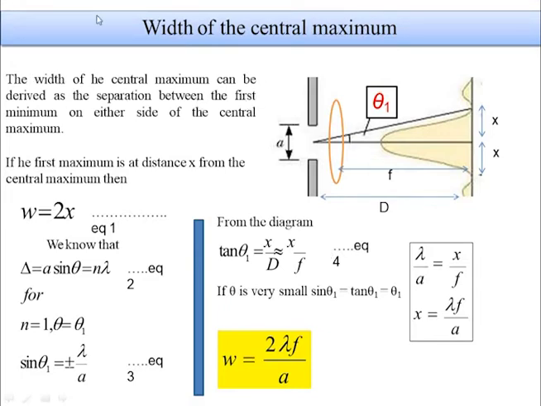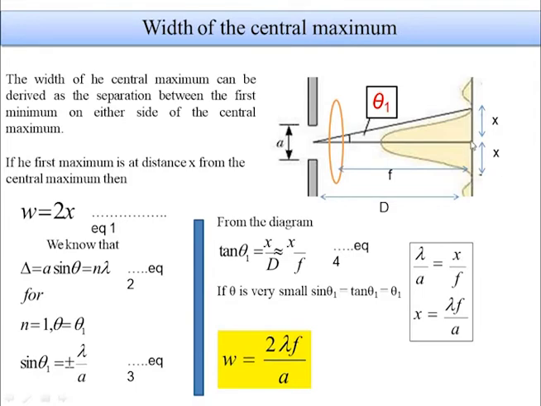The width of the central maxima can be defined as the separation between the two minima on either side of the central maxima, right? And this is the point O on the screen. On either side of this central maxima, we'll have points of minima.